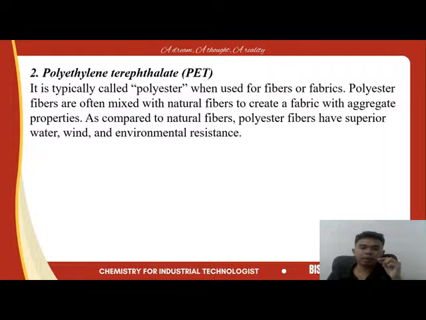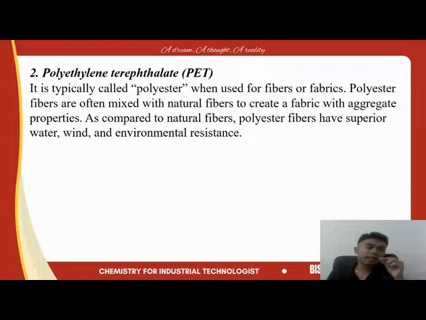As compared to natural fibers, polyester fibers have superior water, wind, and environmental resistance. Because of these properties, it is ideal for garments and jackets to be used in wet or damp environments by coating the fabric with a water-resistant finish. So we don't know, maybe some of your clothes are made from polyethylene terephthalate.